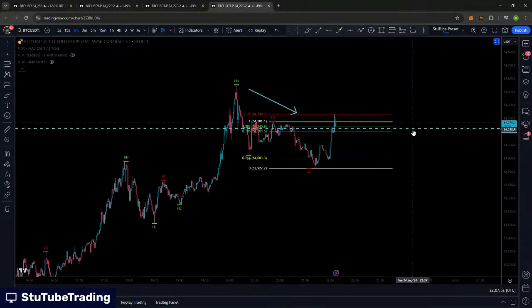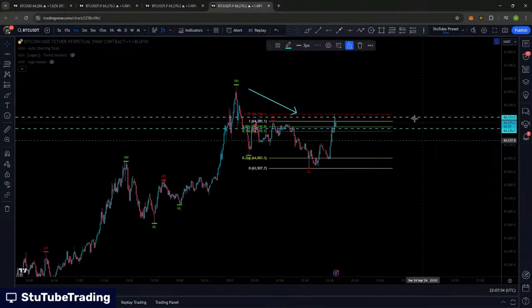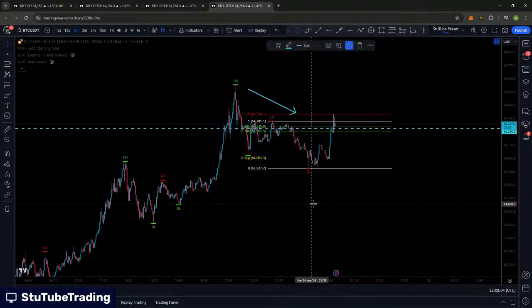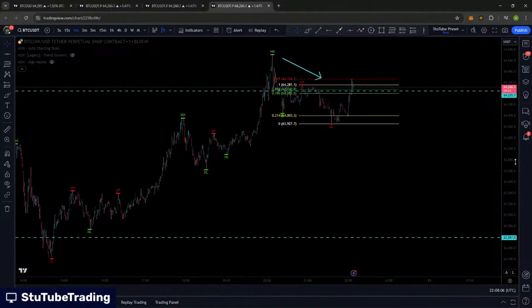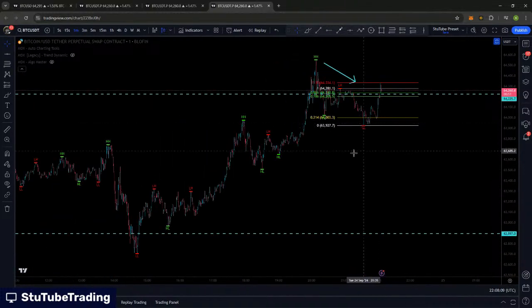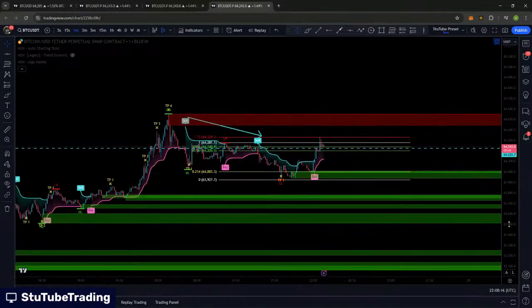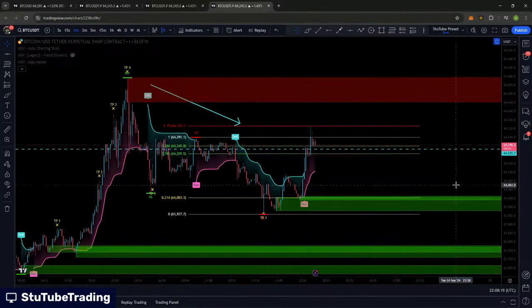Oh, my long. Right, I accidentally erased my long. What was that at? 62,897. What is the sensitivity on my Algo Master right now?